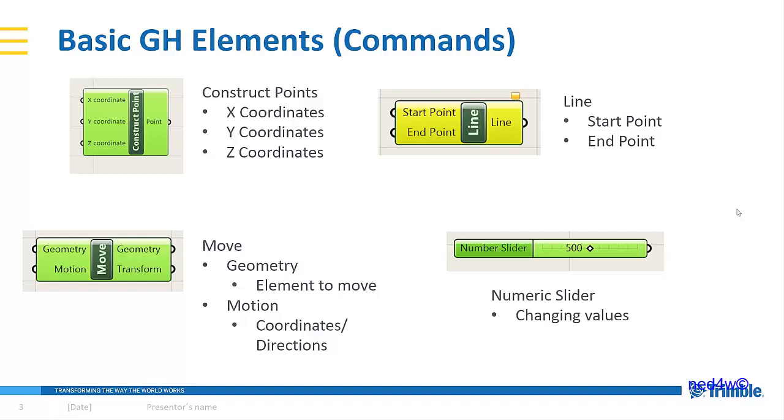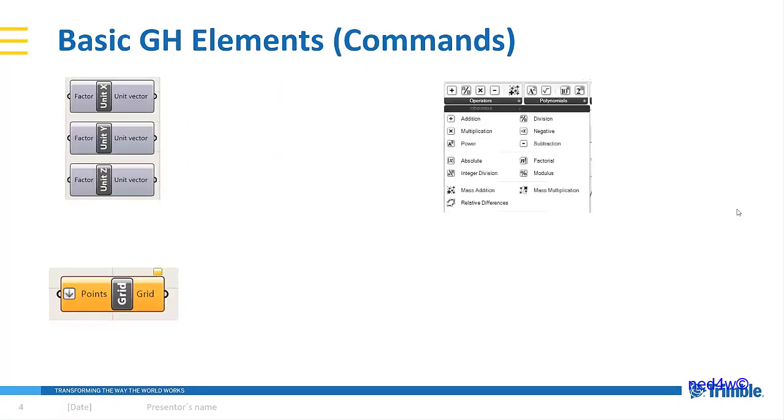And we have the slider. Slider is something like it makes our distance more parametric using this number slider. Another elements here are the factor X, Y, and Z. So this one to be used later when we use the construct points.